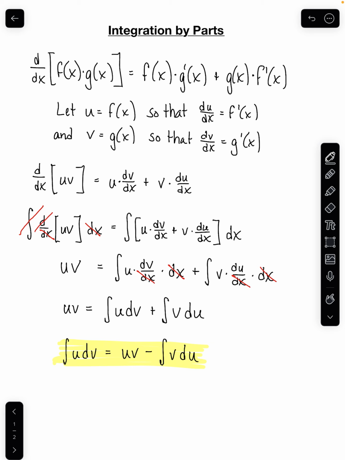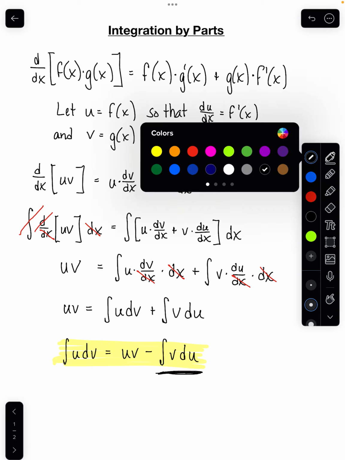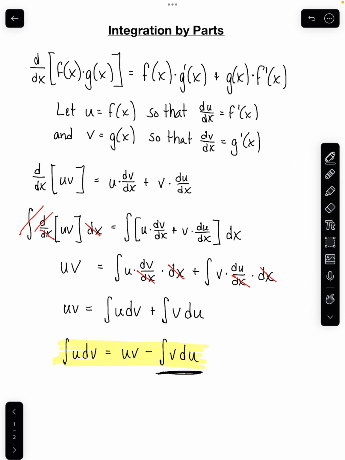And that is what the apparent case is here, that the right side looks like it's going to be more complicated. What actually is going to happen when we see this in examples is that the new integral, the v du integral, is actually going to come out to be a simpler integral than what we started with.